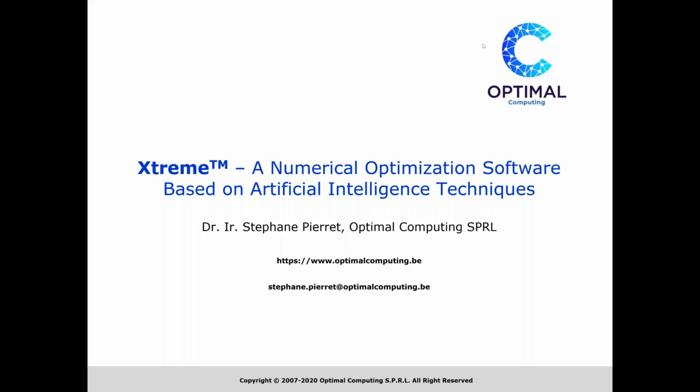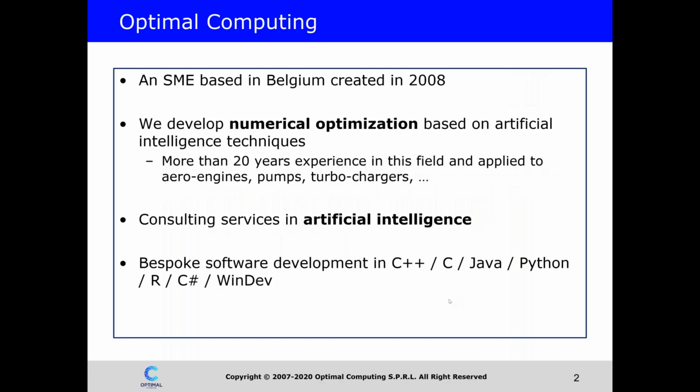So good afternoon to everybody. I have two different presentations. The first one is presenting the company itself. Optimal Computing is a small company based in Belgium, created in 2008.